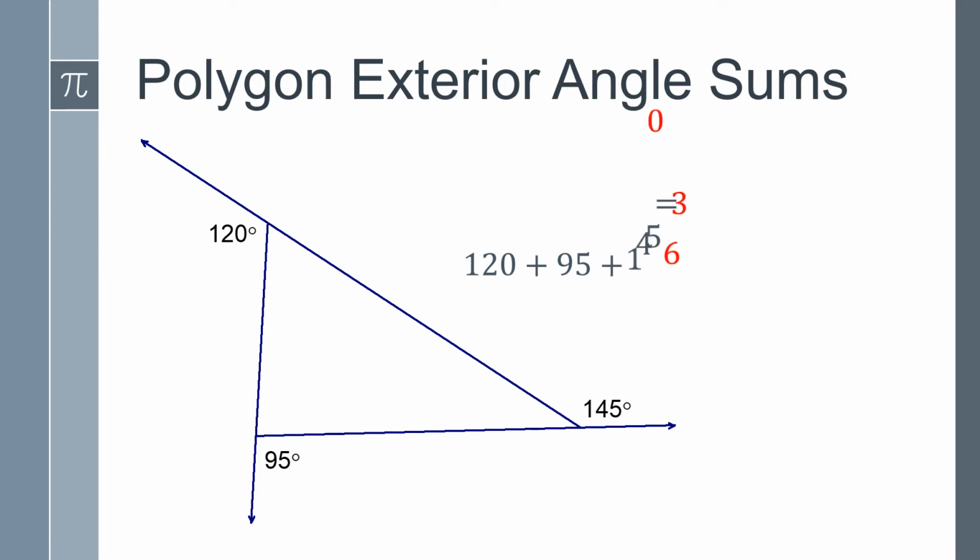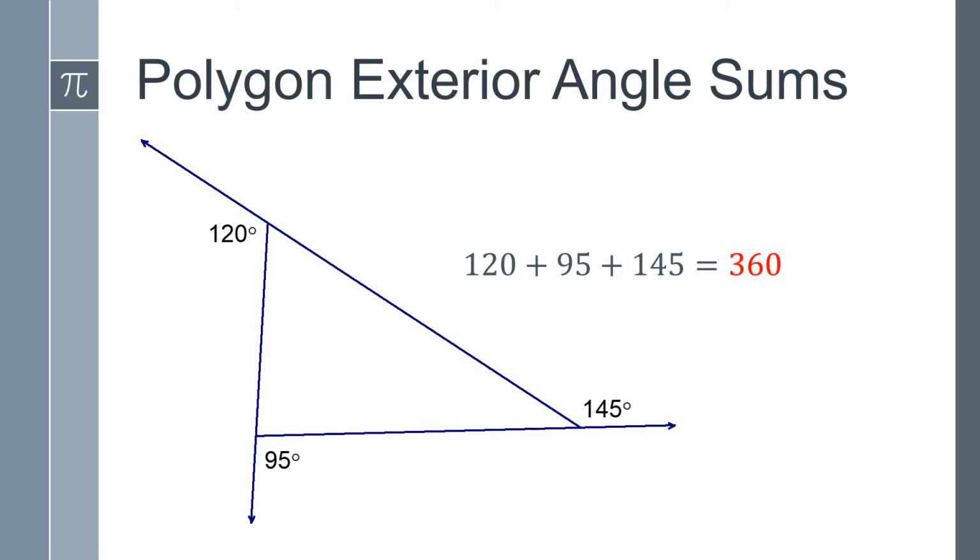So if we take the exterior angles of a triangle, an exterior angle we talked about is when we extend the side. So let's say we have a 60-degree angle and an 85-degree angle and a 35-degree angle, and we add those up, that comes out to 180.